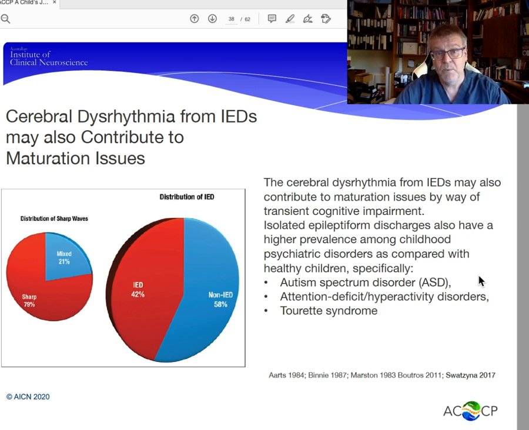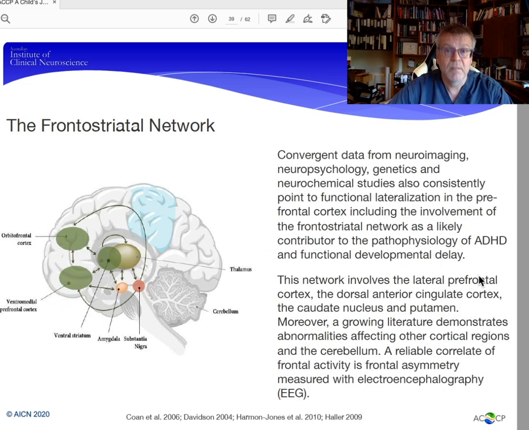And specifically, we see them with a much higher percentage in autism spectrum disorders and attention hyperactivity disorders, and even Tourette's syndrome. So there is starting to be a real solid reason for doing EEGs on these to try to differentiate what's causing these situations in kids.